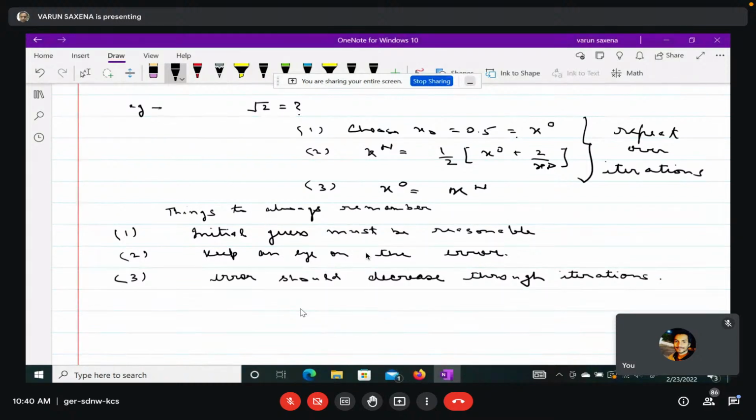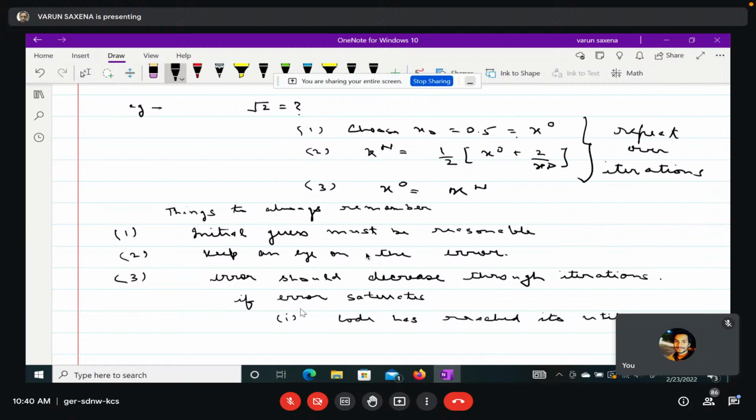Okay. If the error saturates, then it would probably mean two things. One is that the code has reached its utility, I would say, that it cannot give you anything better than this.